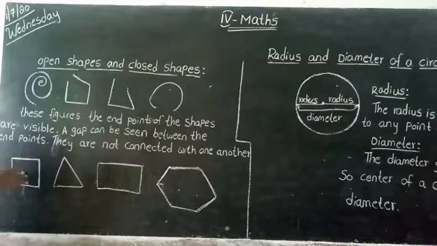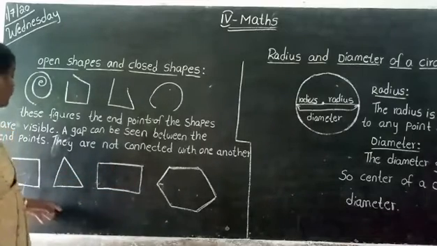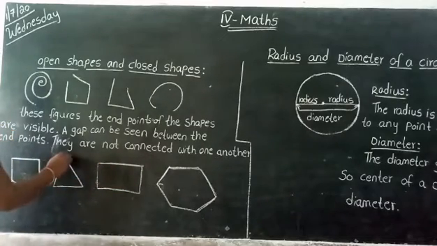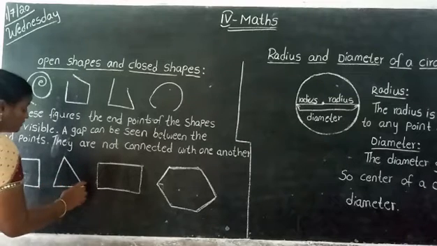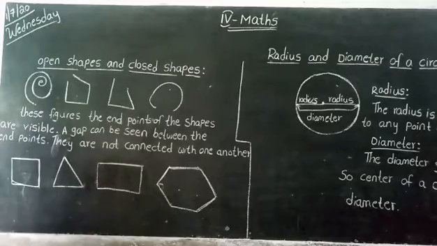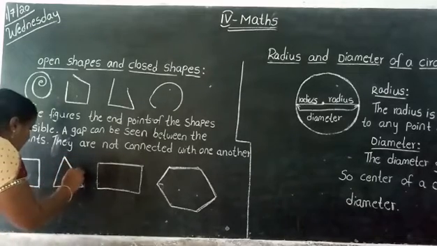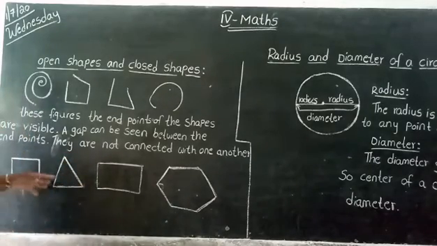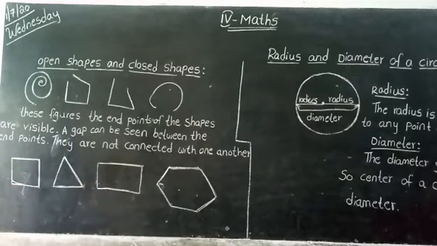This is one shape and in these four shapes we can't see two end points. These are all closed shapes. The gap cannot be seen in these pictures. So these pictures are called closed shapes.